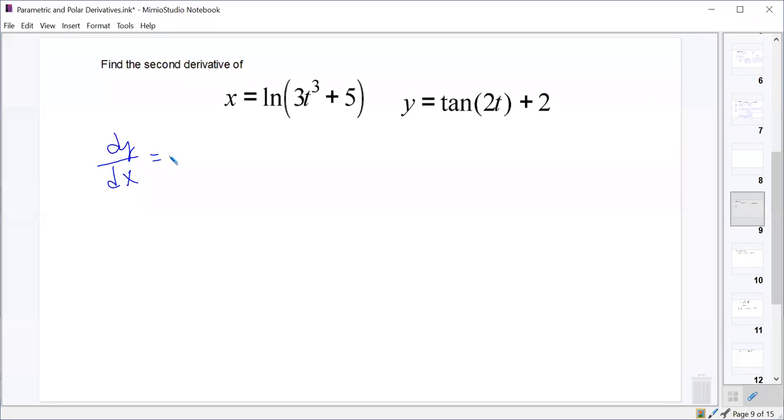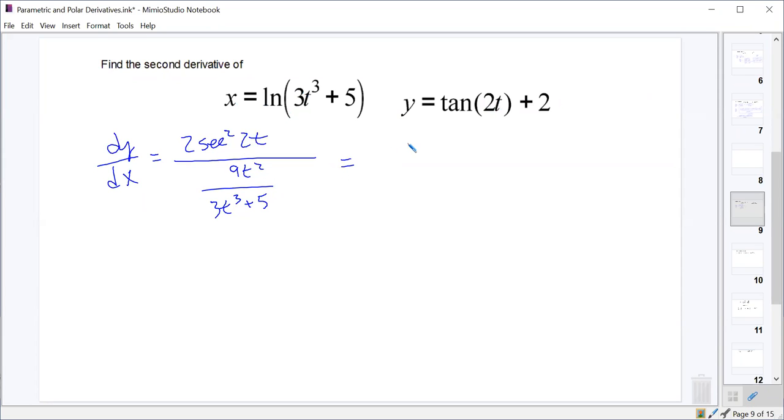What should dy dx be? The derivative of tangent 2t plus 2, which ought to be 2 secant squared 2t, divided by the derivative of this, which should be 1 over 3t cubed plus 5, and then times the derivative of 3t cubed plus 5, which was 9t squared.